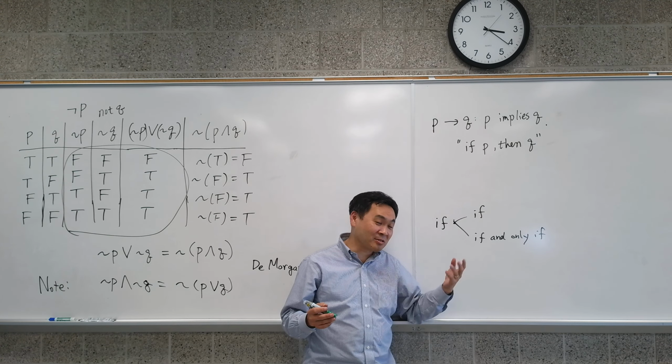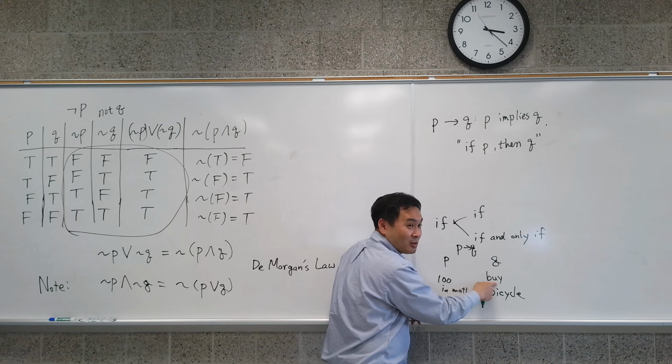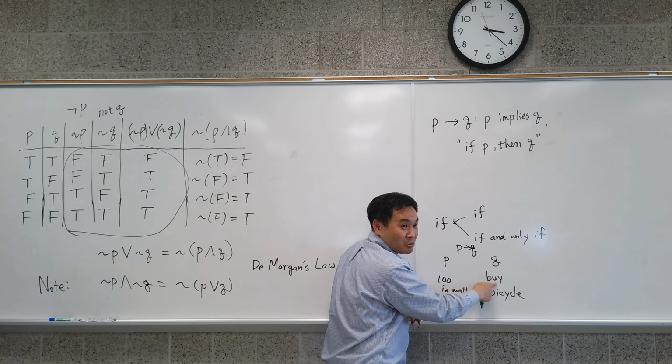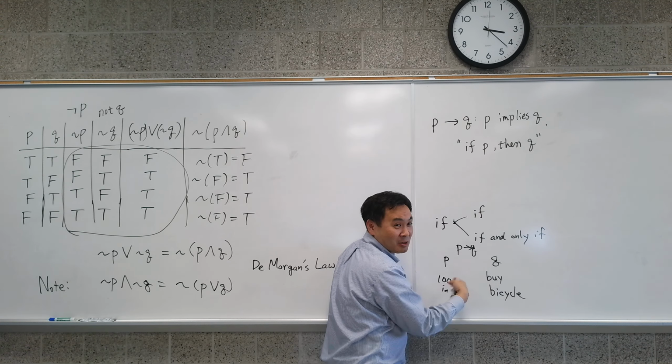The statement that Dad said is not a lie. If this is true but that's false, then Dad lied. Do you agree? If the kid did get 100 in math, but the family was really poor and couldn't afford a bicycle, sad story, but that means Dad had lied in his statement.